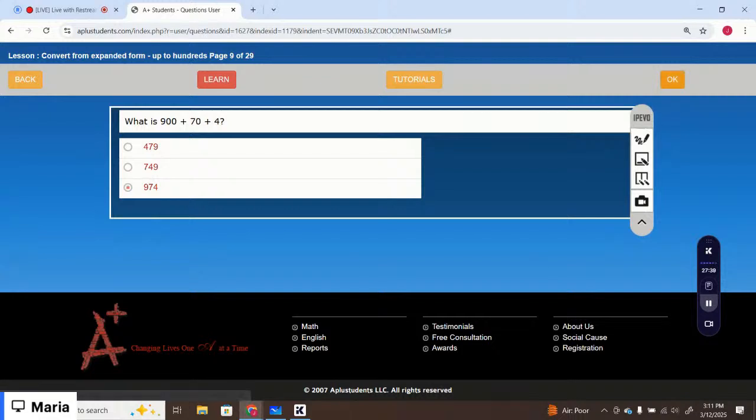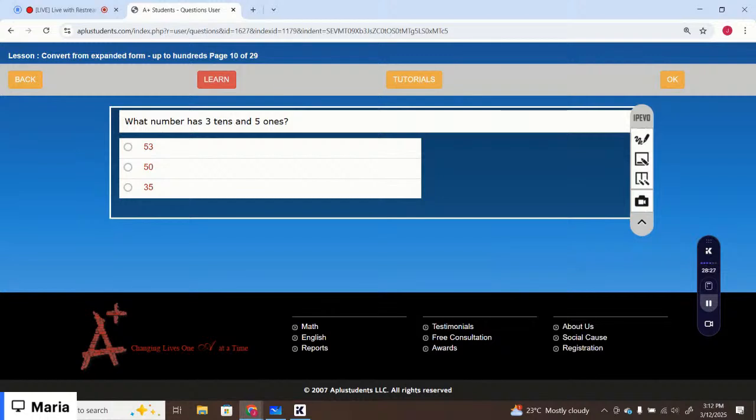Option number 3 is the correct option. What number has three tens and five ones?